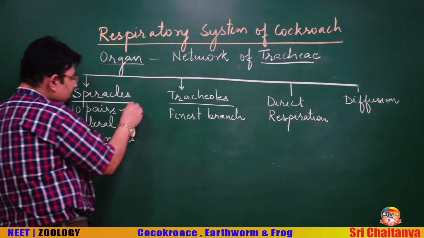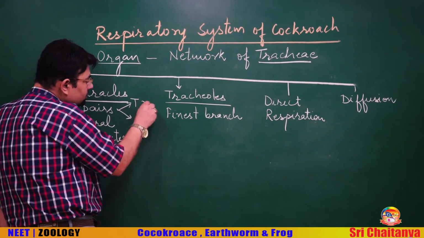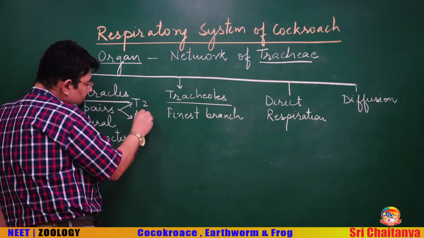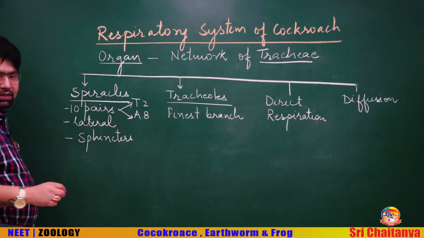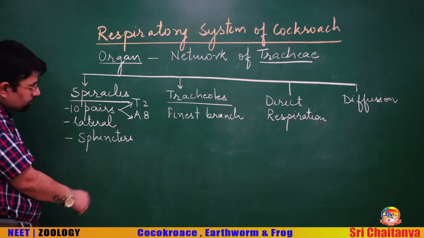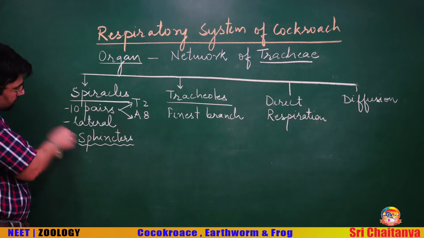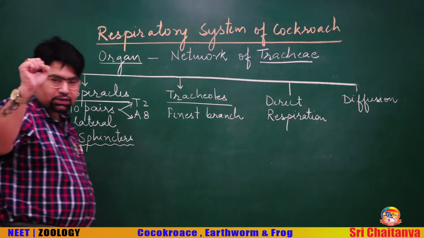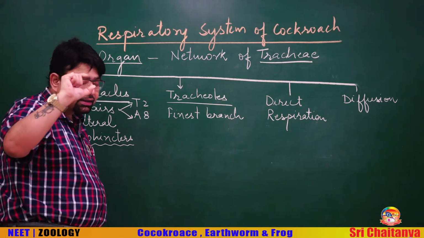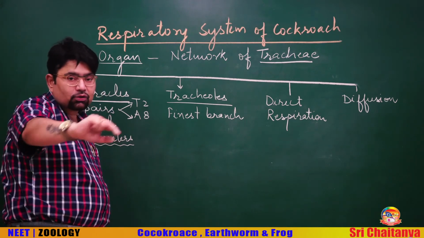Total 10 pairs. They are present on the lateral side of the body, and the opening is guarded by sphincters. The sphincter can close and open and can regulate the amount of air entering or coming out of these spiracles.